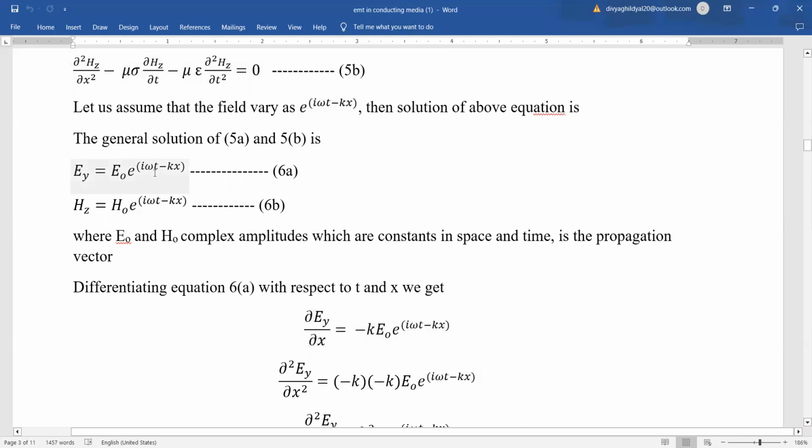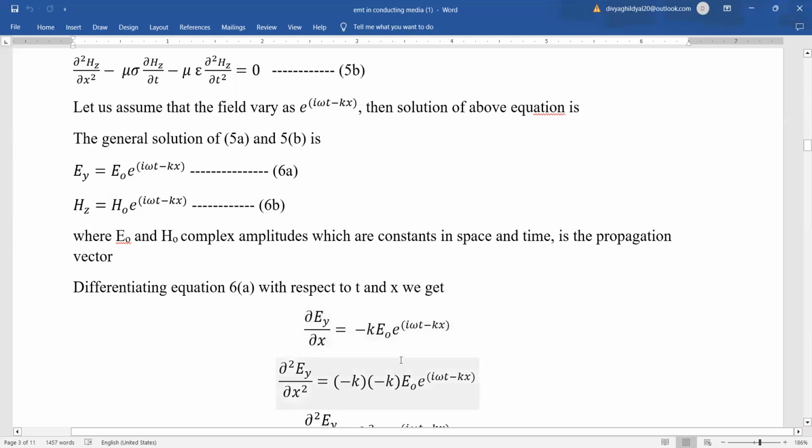First, we will differentiate this equation with respect to x using the formula d by dx of x to the power of n is equal to n x to the power of n minus 1. So here we have del Ey by del x is equal to minus k E naught e to the power of i(omega t minus kx).